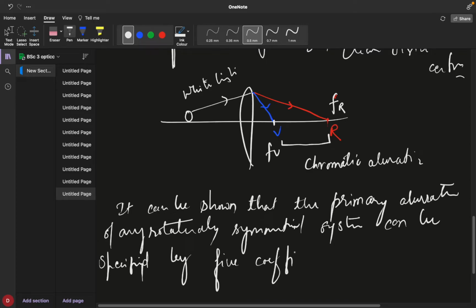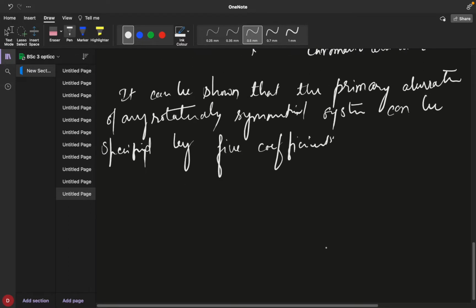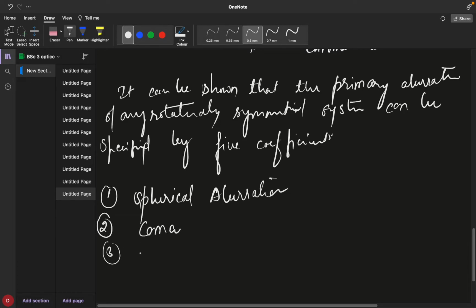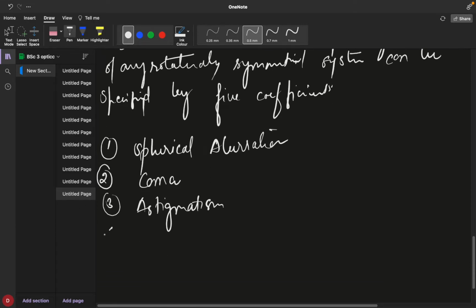So what are these five coefficients? First is spherical aberration. Second is coma. Third is astigmatism. Fourth is field curvature.